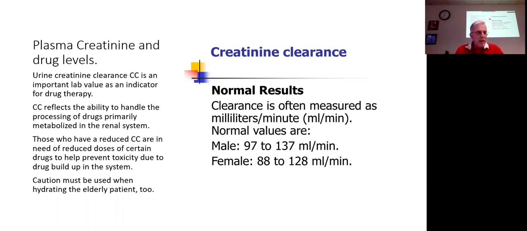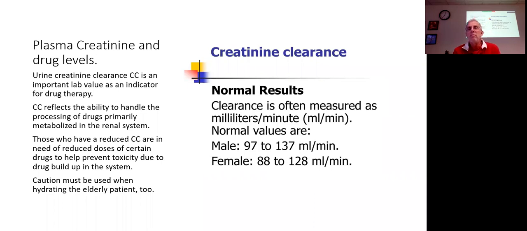If something becomes toxic and builds up, that puts you at greater risk for a bad outcome, even death, from toxicity of any drug.